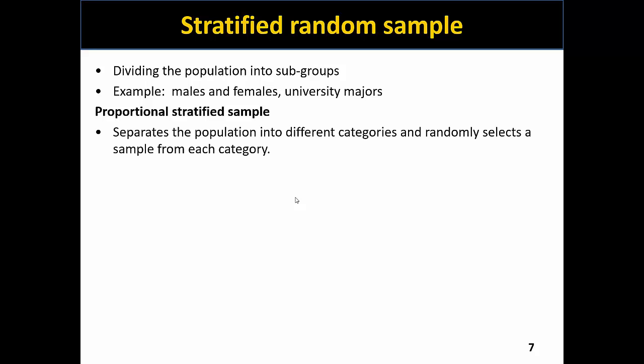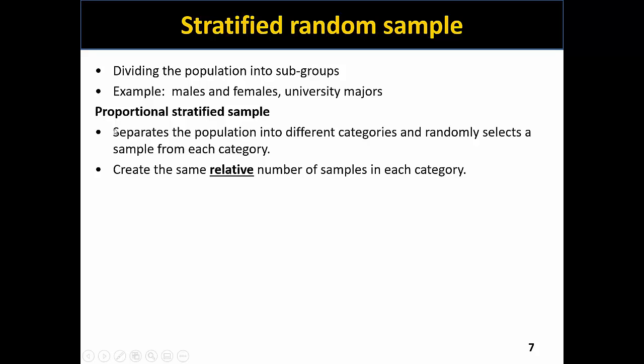And this is a process which separates the population into different categories and then randomly selects a sample from each category. Now, the key aspect of this process is that it is proportional. So the same relative number of samples will then be entered into each category.